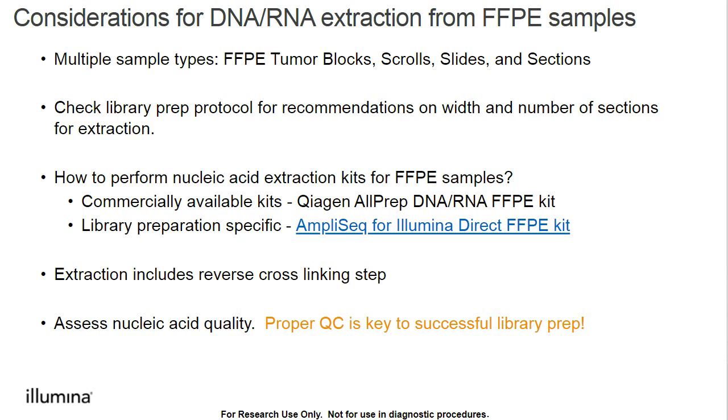And that will break up those covalent bonds that would present problems with our downstream applications. Once we complete the extraction, we do want to assess the nucleic acid quality. I'll go through the specifics there, but proper QC of our input is going to be key to a successful sequencing project for your FFPE samples.